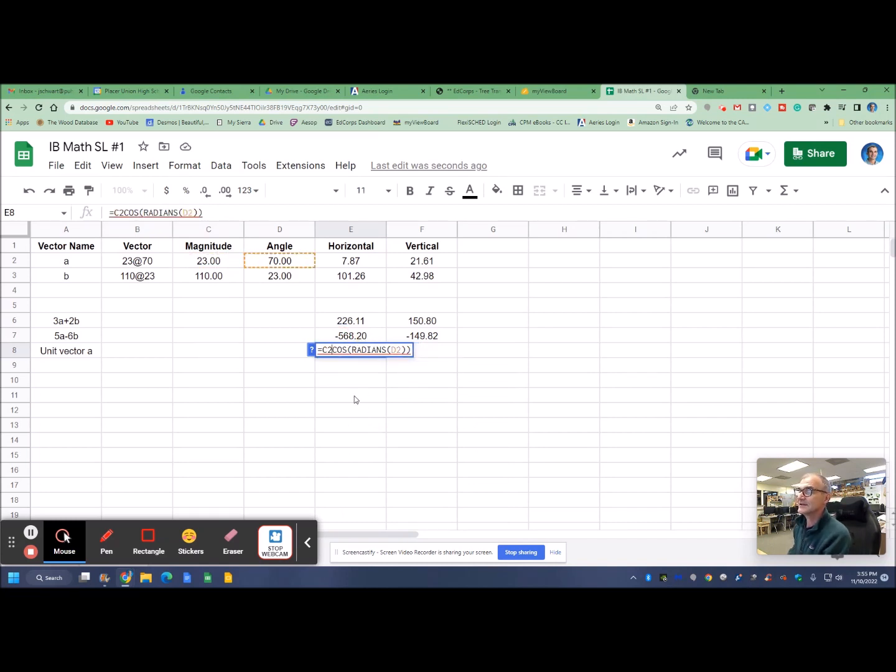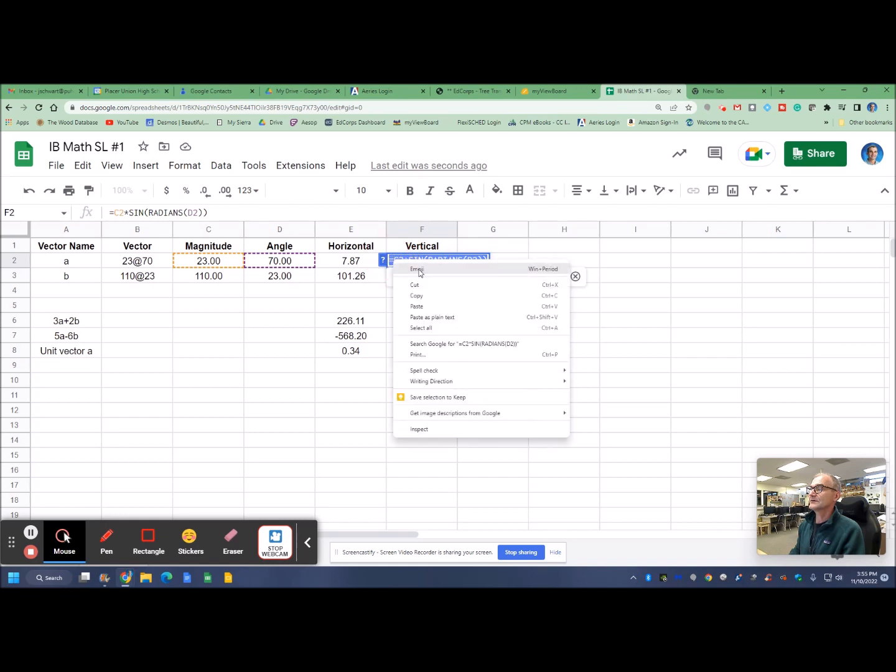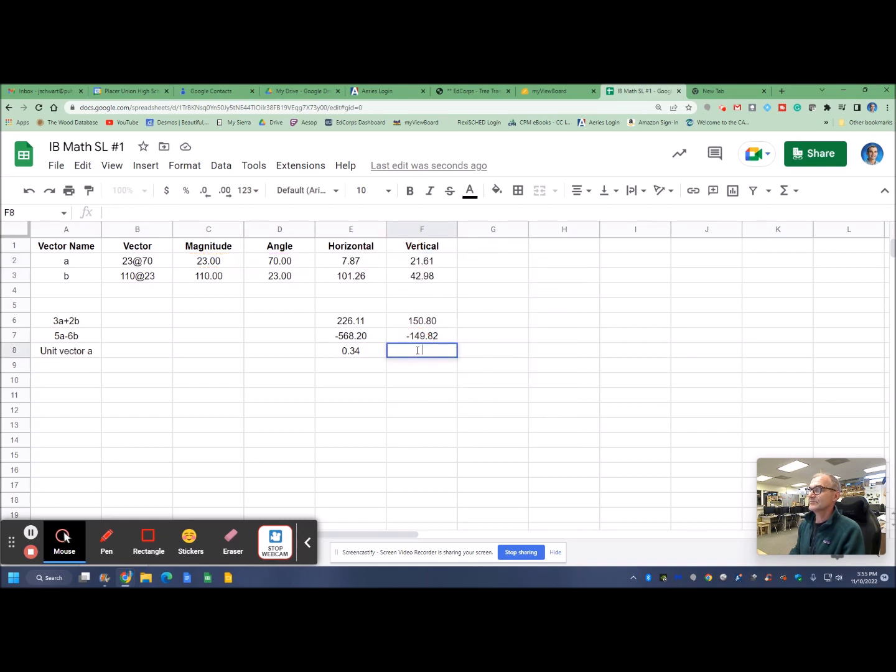So I'm just going to delete that right there, hit enter, and then I'm going to take away the magnitude in the front of this. That's going to give me the unit vector magnitude in y. So there's a unit vector in the vertical. So what I'm saying is the unit vector of A, when it is exactly 1 unit, it will go 0.34 in the horizontal, 0.94 in the vertical.